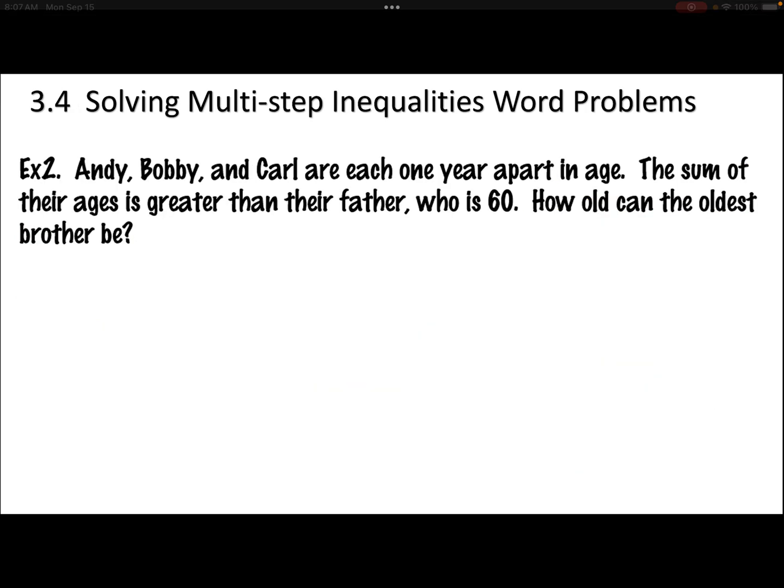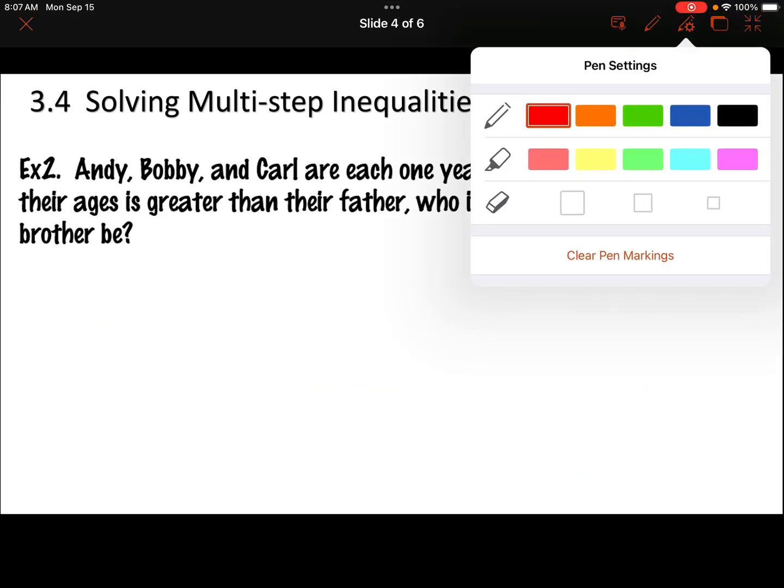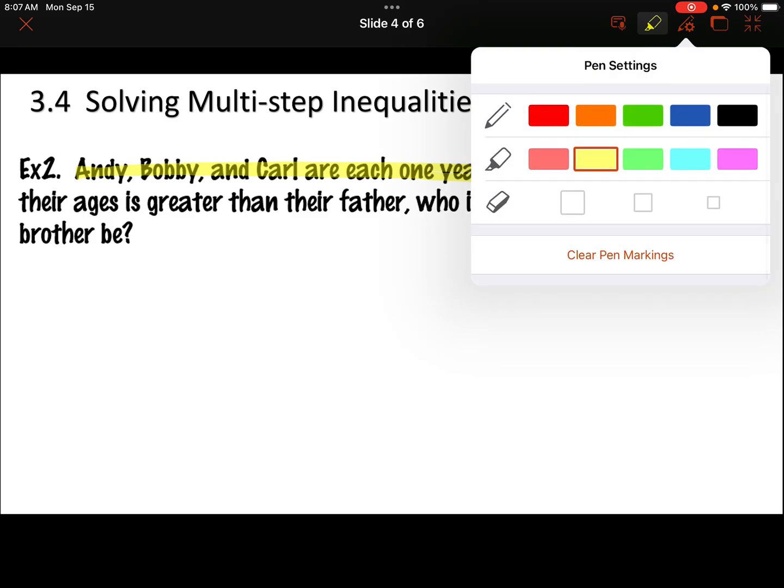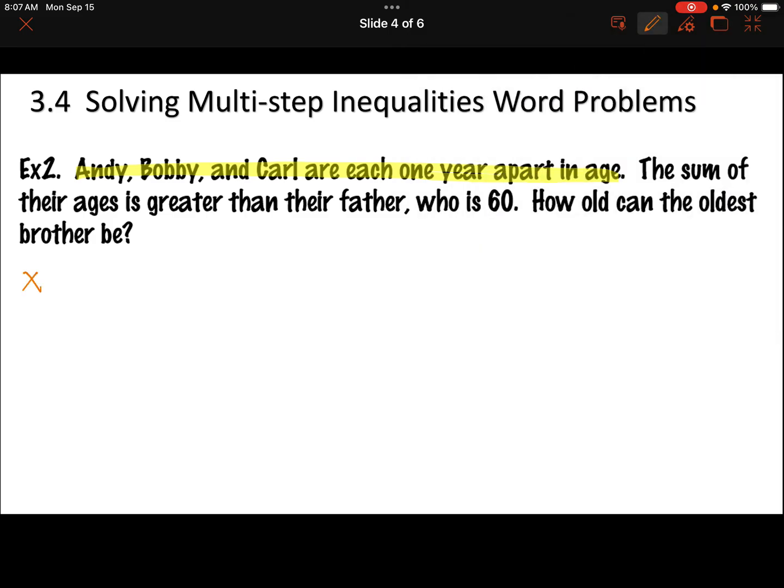All right, let's try number 2. Andy, Bobby, and Carl are each 1 year apart in age. So right here, that is my defining the variable. That is like consecutive integers. So we're going to say x is Andy. We are going to say x plus 1 is Bobby.